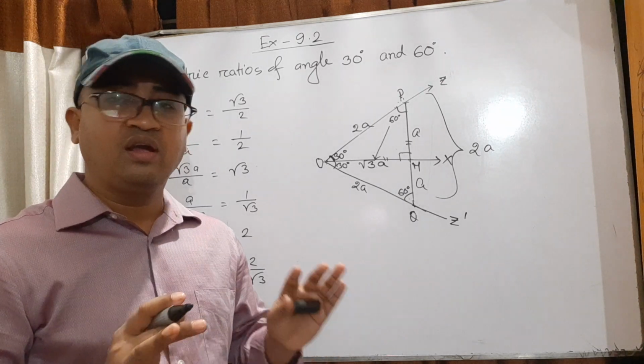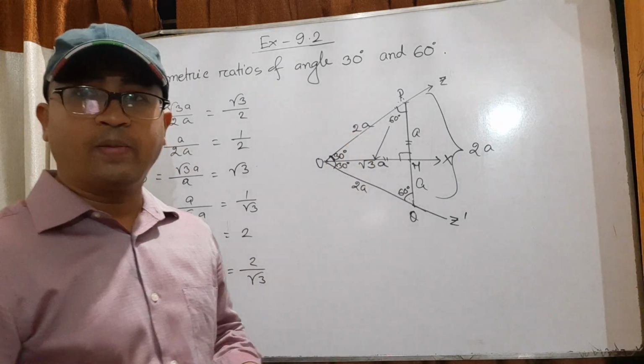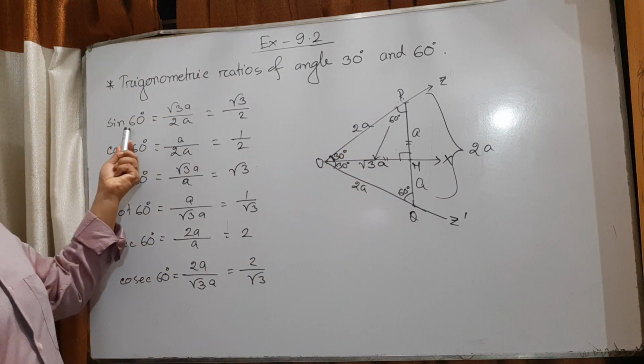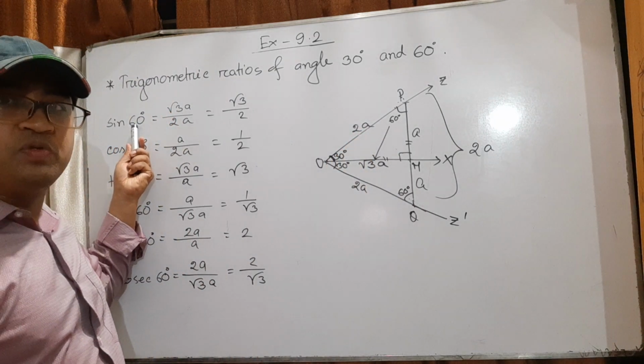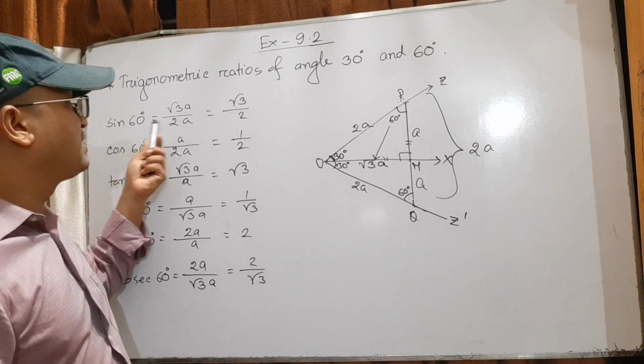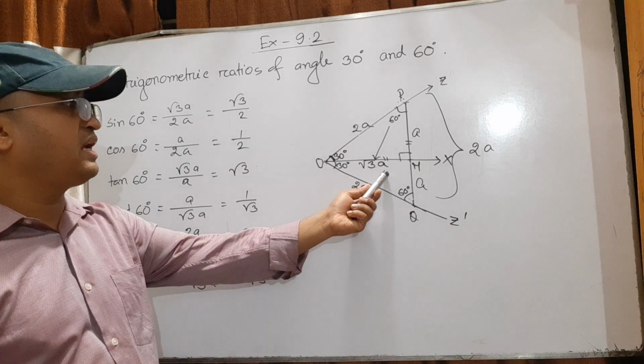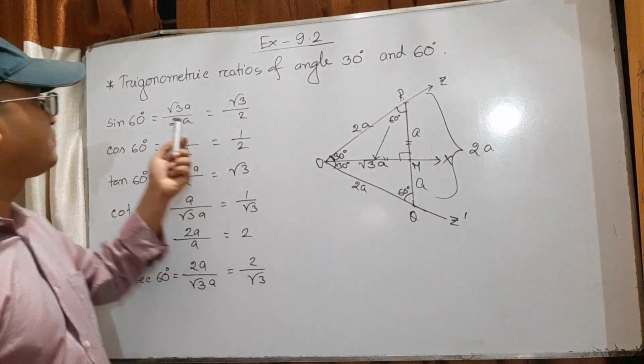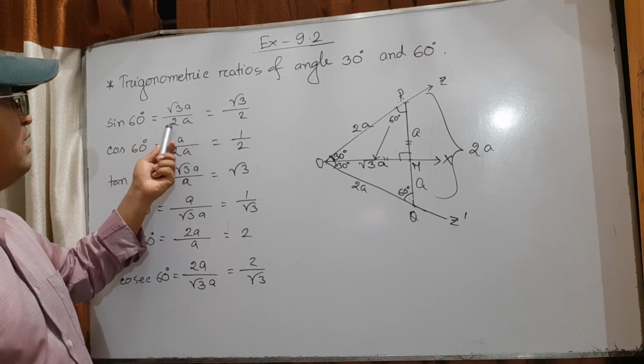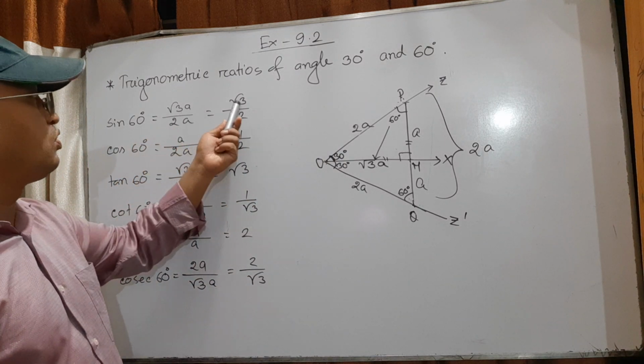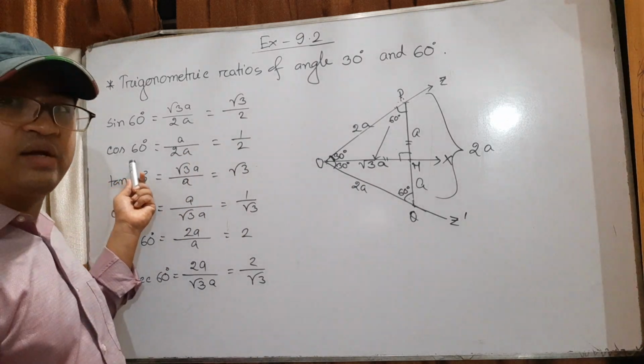Hypotenuse is always hypotenuse. This is 2A. So sin theta is opposite side by hypotenuse, that is root 3A by 2A. If you cancel A, it will be root 3 by 2.